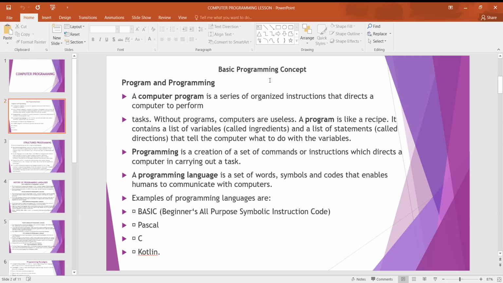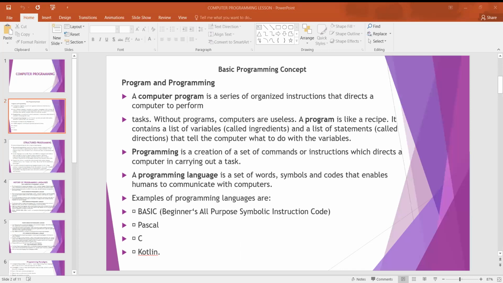What are some of the examples of programming languages that you know? Give us an example of a programming language. Pascal. Yes, that is right, Pascal. And then Dan, give us another example.